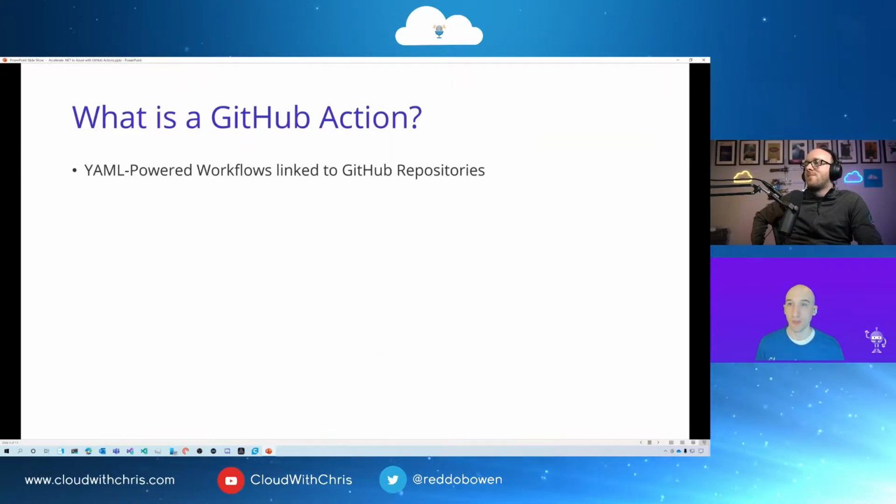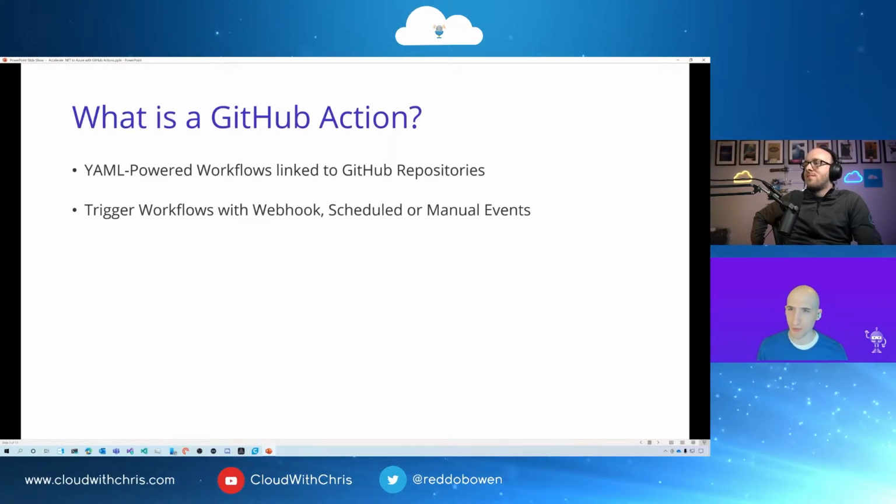So YAML is yet another markup language syntax, right? It allows us to store off our configurations and our integrations and deployments in a way that allows anybody to use. And when I say workflows, what exactly does a workflow consist of, and what does it trigger? We'll talk about what it consists of in a bit, but the biggest thing is you can trigger them in a handful of different ways.